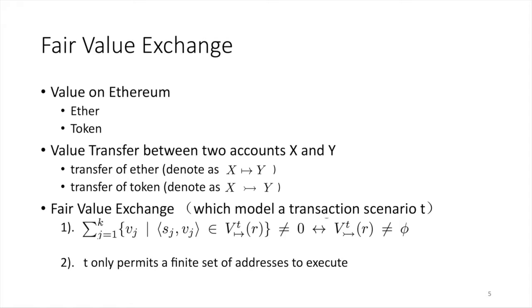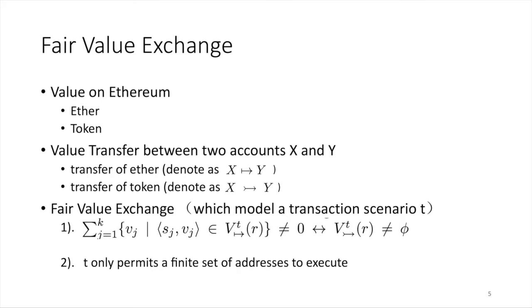The fair value exchange is designed to model a transaction scenario T, which contains single or multiple transactions. We say that T is a fair value exchange if at least one of the following conditions holds.